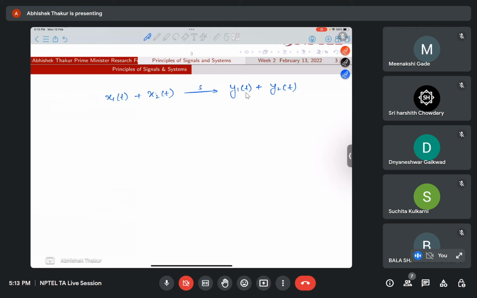This was the additivity property. Now when we scale x1 by a, the output is also scaled by a. If we scale x2 by b, then output y2 will be scaled by b. This is just the combined case in the continuous time signal. Then this is known as a linear system.